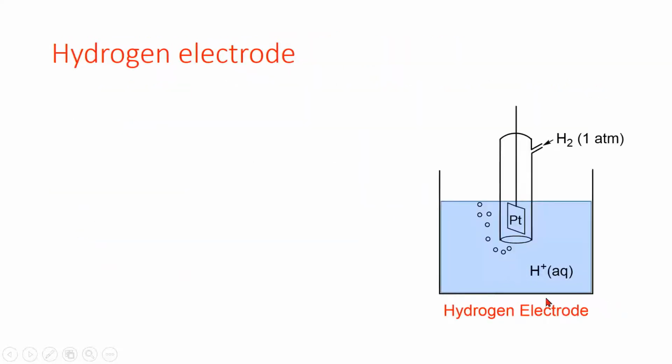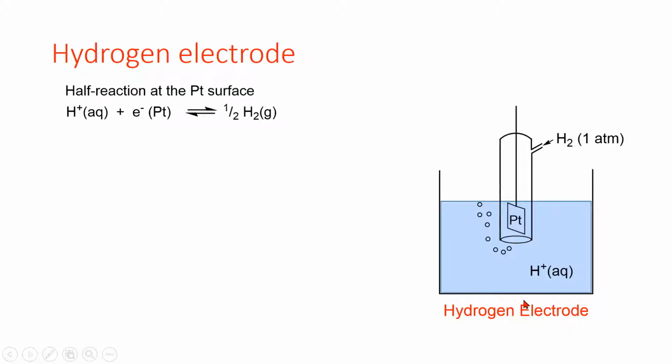Hydrogen electrode. This is the diagram of hydrogen electrode. Half reaction at the platinum surface involves H ions plus electron giving rise to hydrogen.